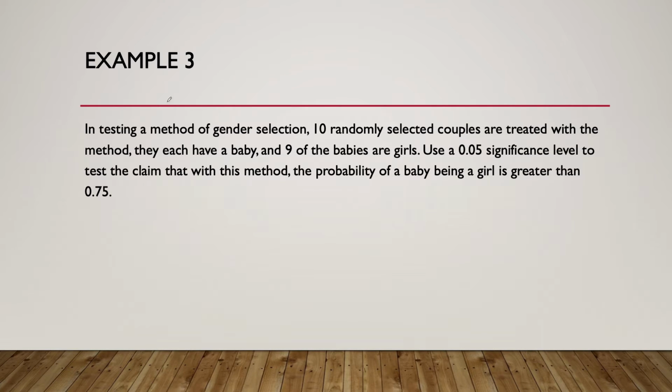So for this, we need to test n times p. So 0.9 times 10, this is going to give us a value of, excuse me, it's not 0.9, it's 0.75.